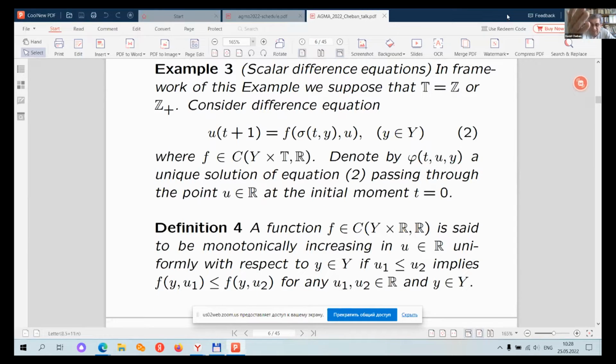As in the preceding example, denote by phi(t, u, y) the unique solution of equation 2 passing through point u at the initial moment t equal to 0.